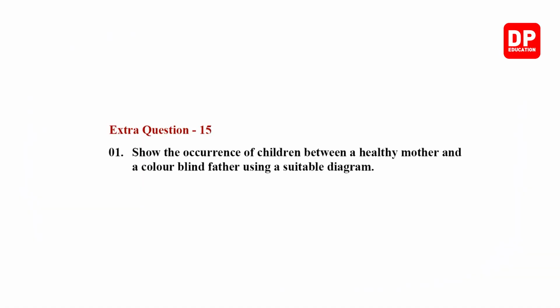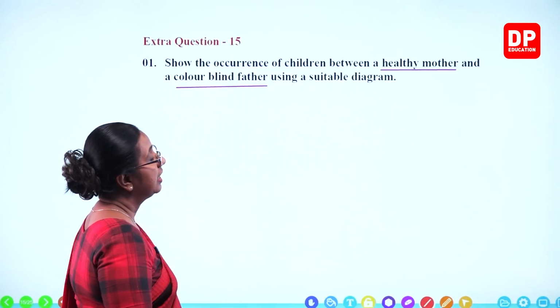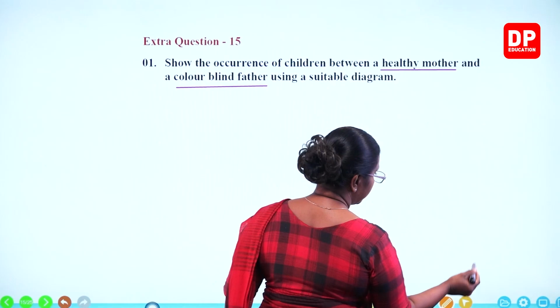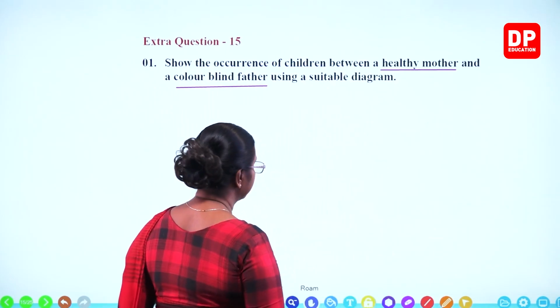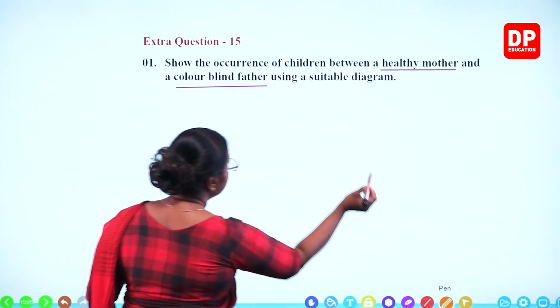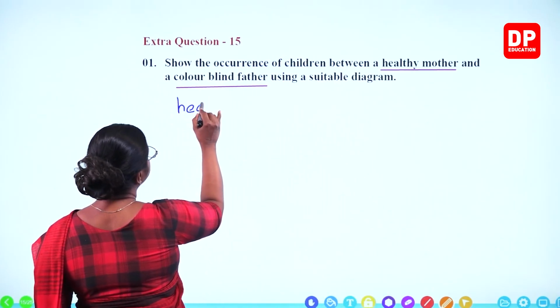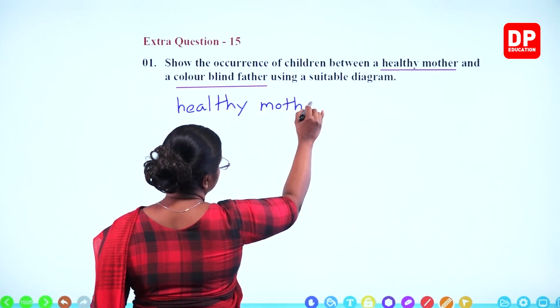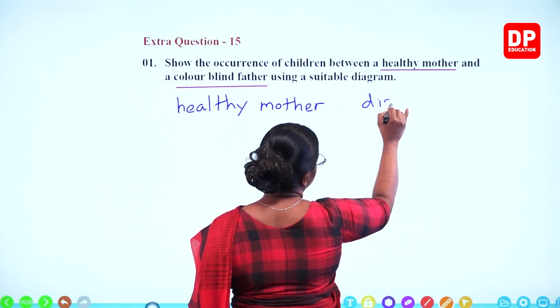Extra question 15. Show the occurrence of children between a healthy mother and a colorblind father. So this is another condition. Here also I will use the symbols only without drawing lines. Healthy mother, diseased father.